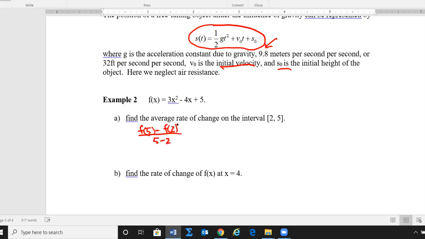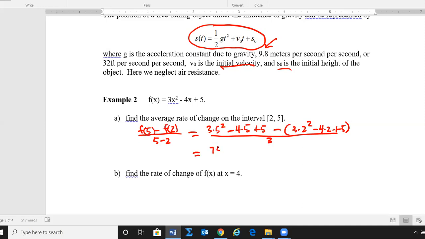That will give us the average rate of change. So we're going to have to put these numbers in here: 3 times 5 squared minus 4 times 5 plus 5, minus 3 times 2 squared minus 4 times 2 plus 5, all of that over 3.